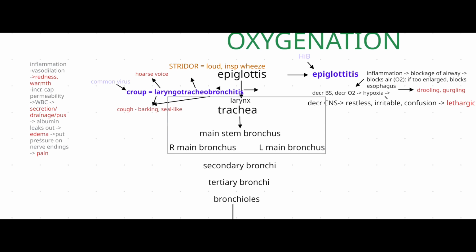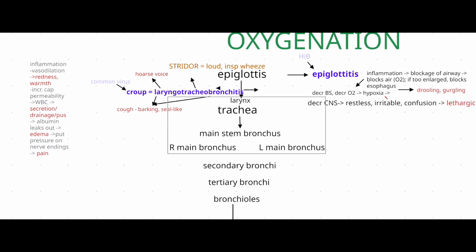Well, we're going to go back to the signs of hypoxia here, right? And we're going to say that these are the signs that we're going to be watching out for. So children or adults, when there's hypoxia, these are the initial signs that we would look for. Is there restlessness, irritability, confusion, and lethargy?